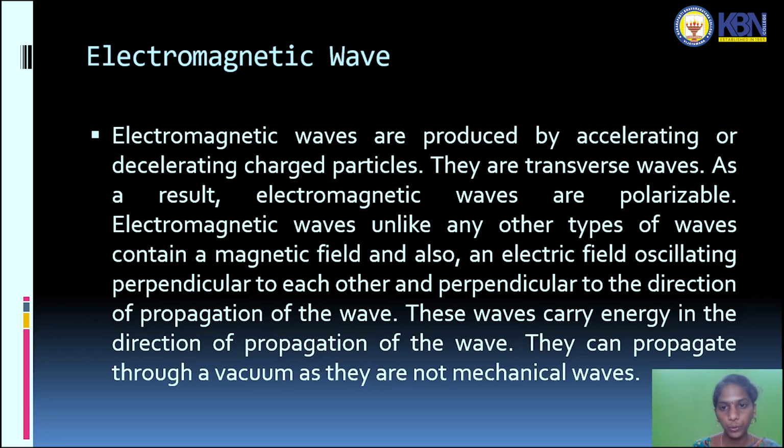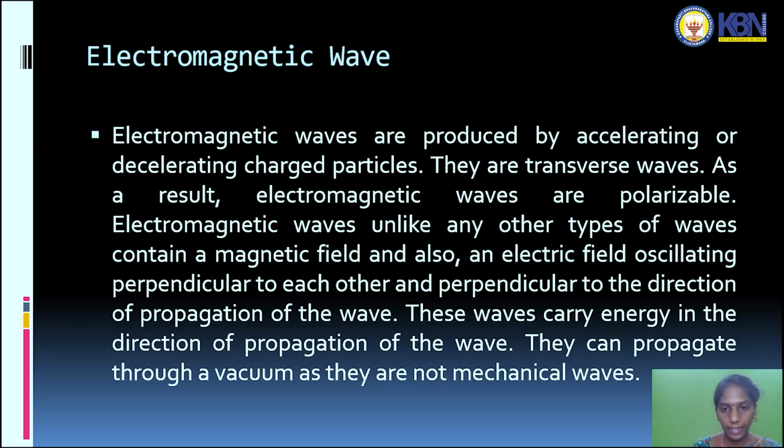Electromagnetic waves are produced by accelerating or decelerating charged particles. They are transverse waves. As a result, electromagnetic waves are polarizable.